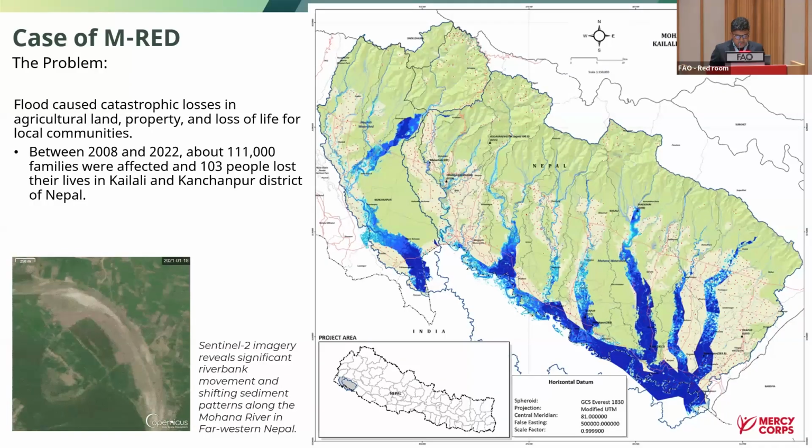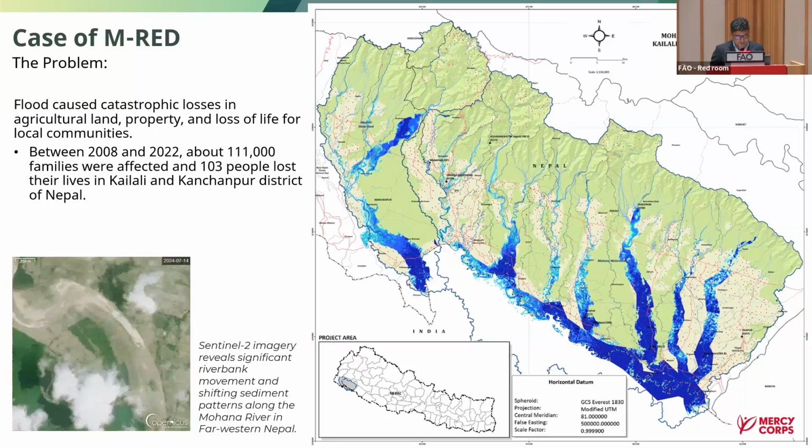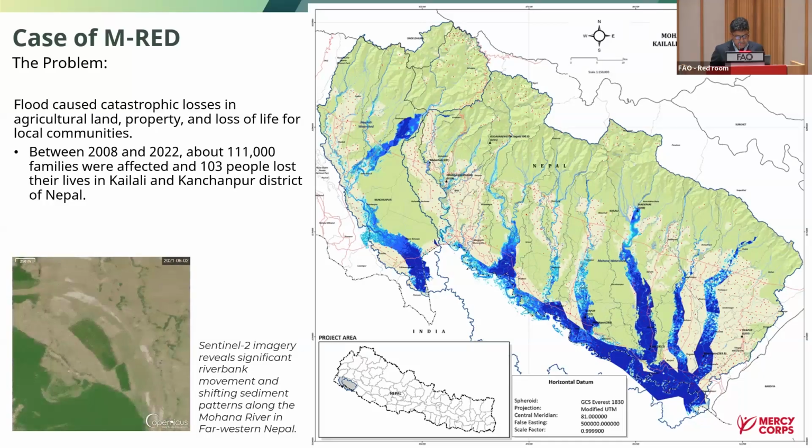With increased extreme rainfall, recently in July 2024, Kanchanpur recorded the highest rainfall in 78 years. The Department of Hydrology and Meteorology rain gauge station at Dodhara Chandani recorded the highest rainfall in Nepal at 624 millimeters in 24 hours.